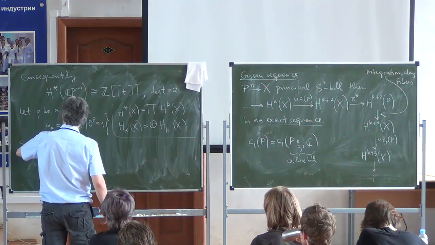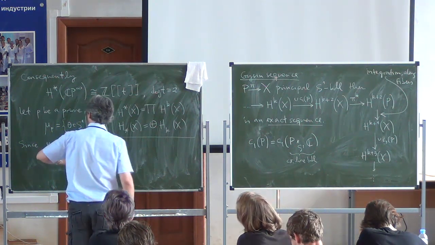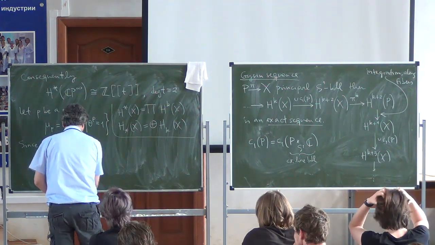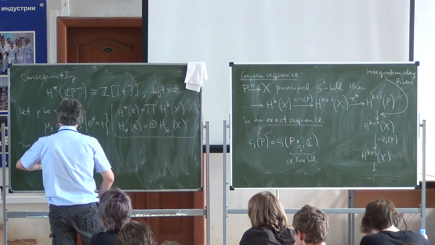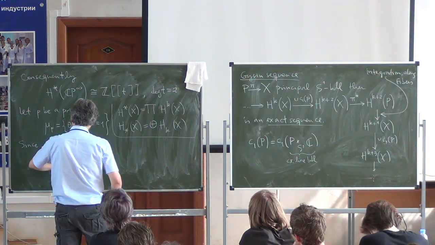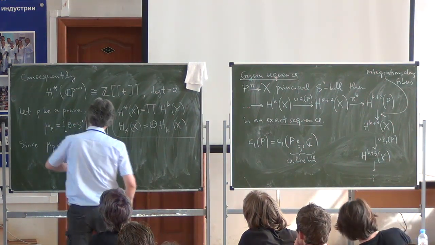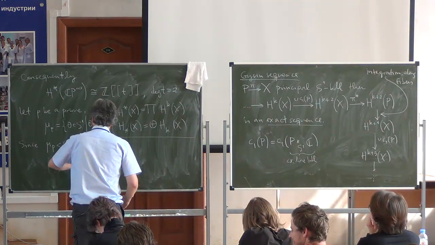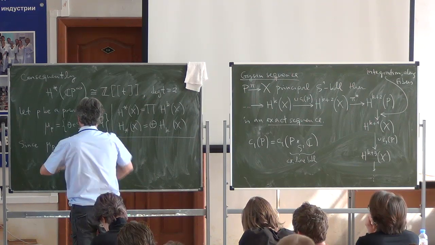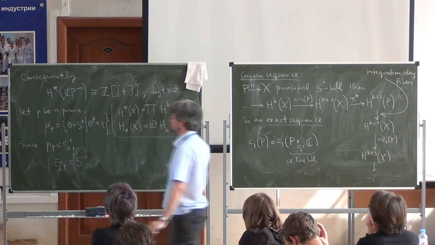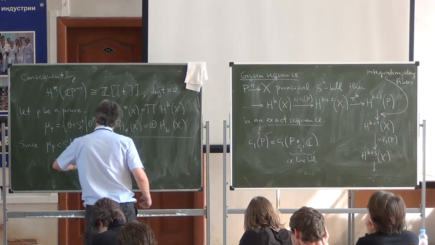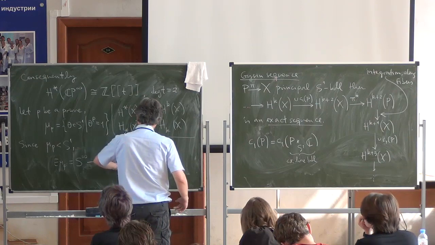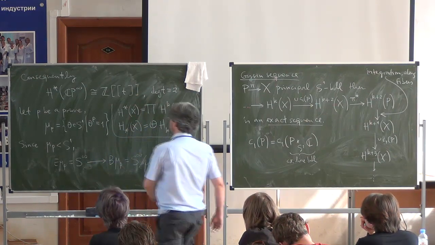Since mu p is a subgroup of S1, we can take E mu p to be S infinity, and now you define B mu p to be the quotient of S infinity by mu p.